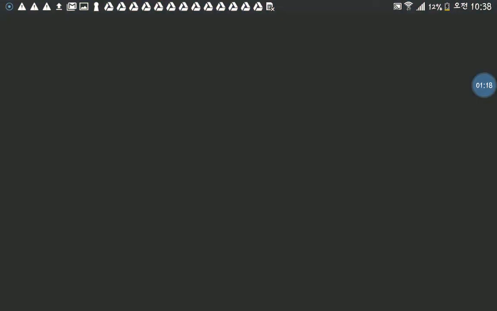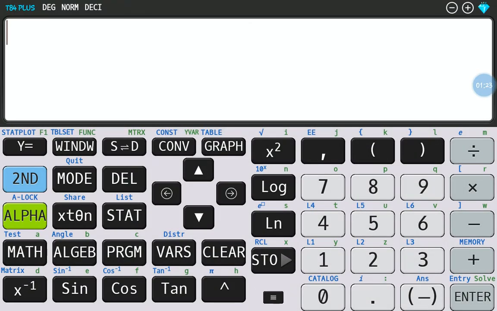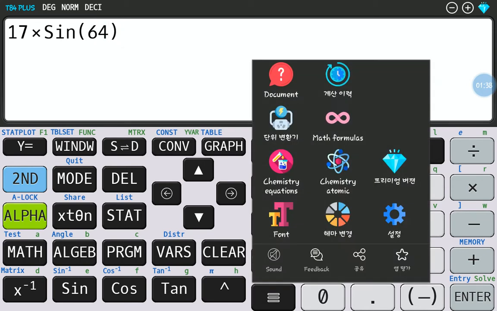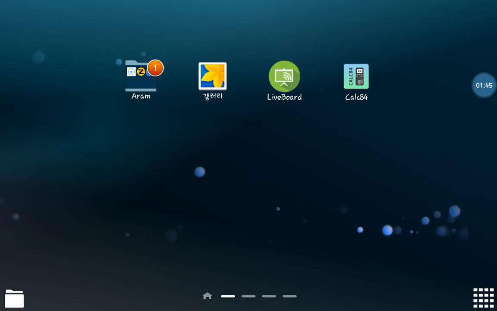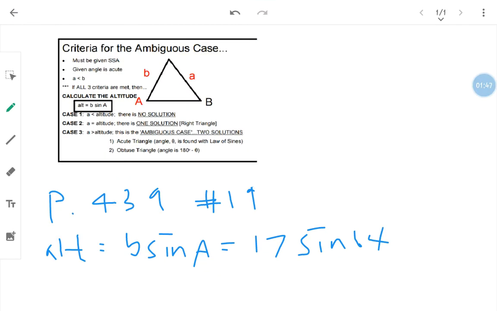17 times sine 64. We have to check this one. 17 times sine 64 will be 15.27.